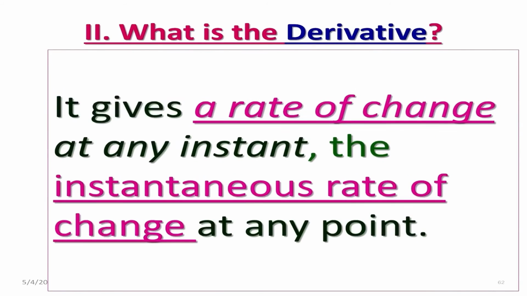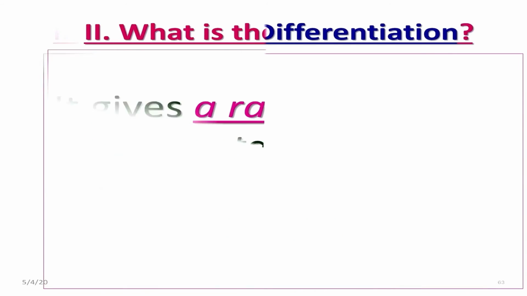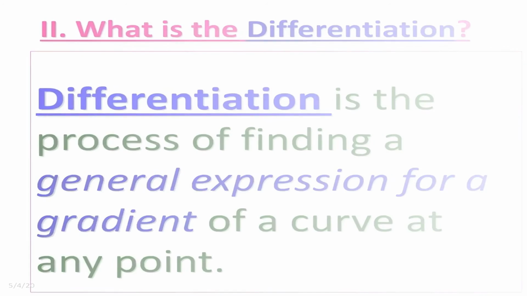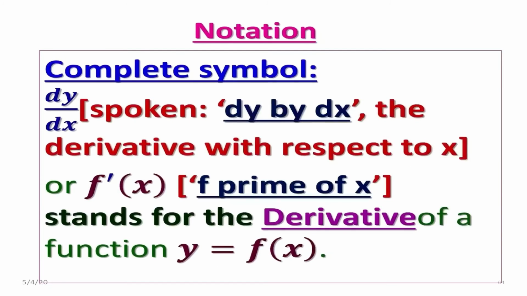So it also gives you a rate of change at any instant, the instantaneous rate of change at any point. Now, differentiation is the process of finding a general expression for the gradient of a curve at any point, at any instant.